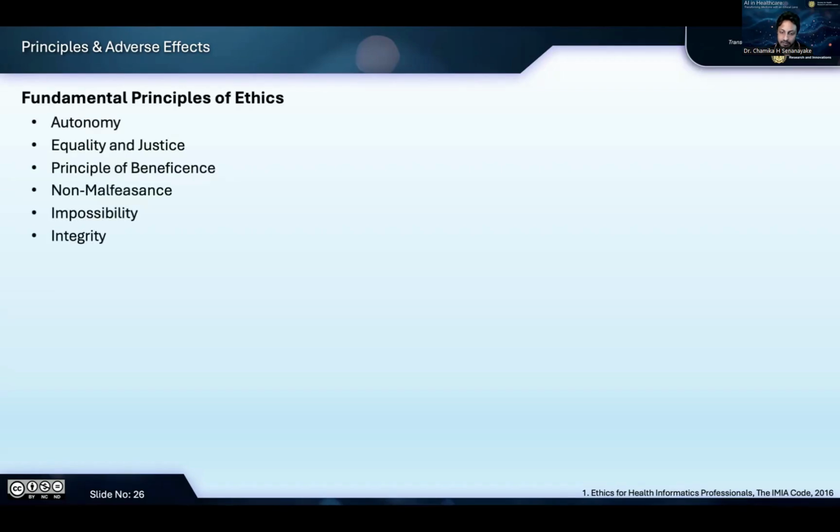So let's talk about the principles and adverse effects. When it comes to ethics, there are several fundamental principles. Autonomy: all persons should have a fundamental right to self-determination. All persons are equal as persons and have a right to be treated accordingly.